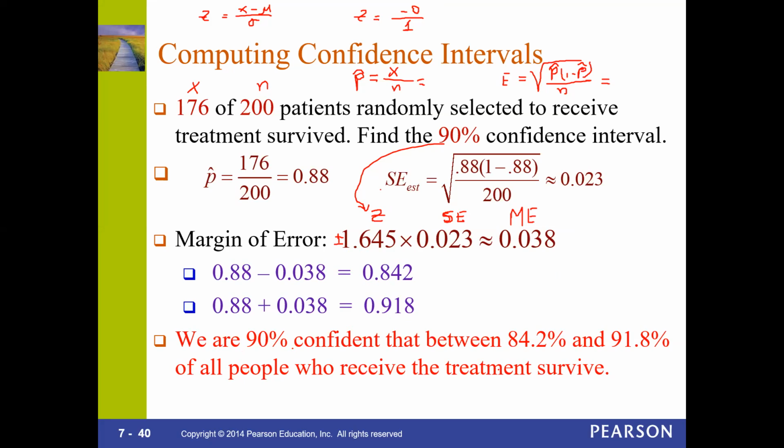Okay, so 84% to 91% of all the people who receive the treatment survive. Or you can say p belongs to this interval. Okay, that's one way as well.